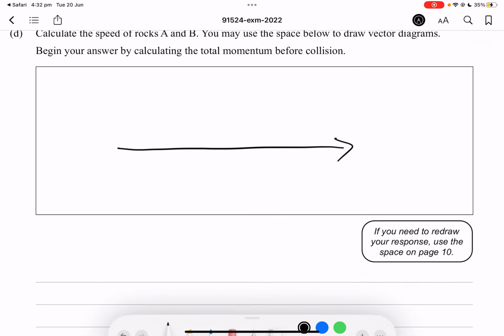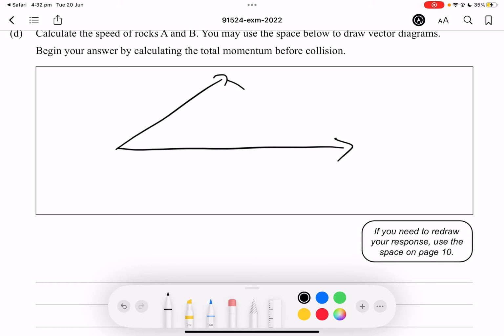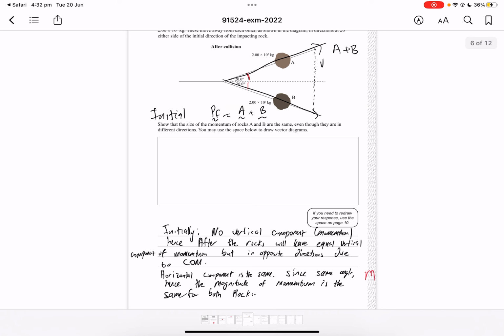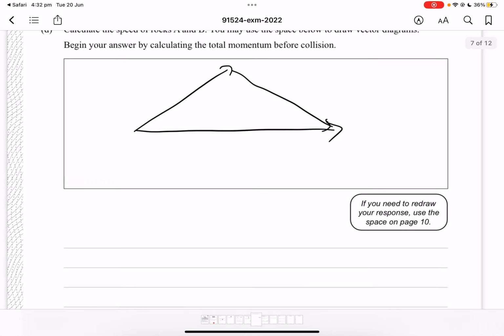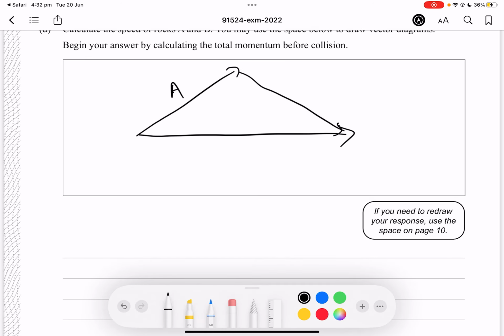So in this case, we'll have a triangle, something like this. Which one was A and which one was B? Okay, this one will be A, and this will be B. We know from the diagram that this angle from the horizontal is 20 degrees.